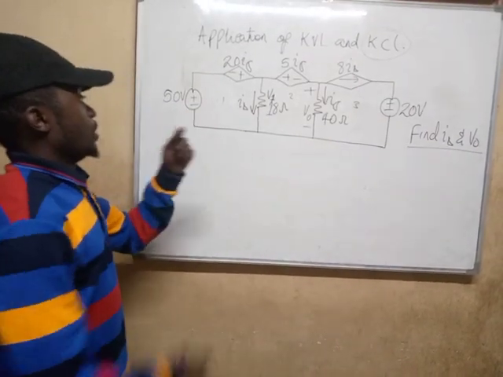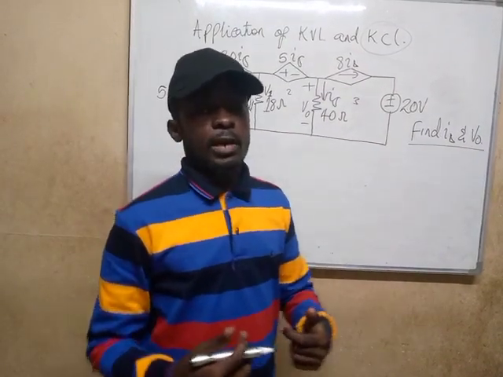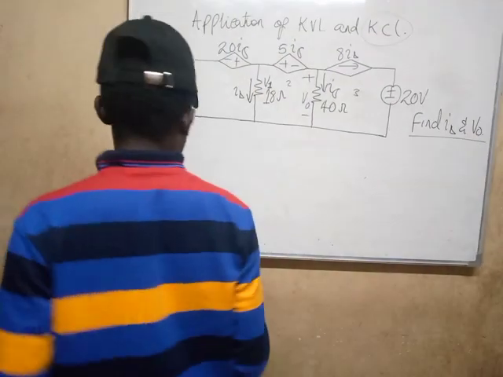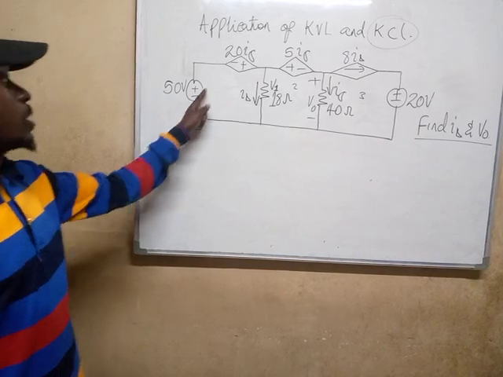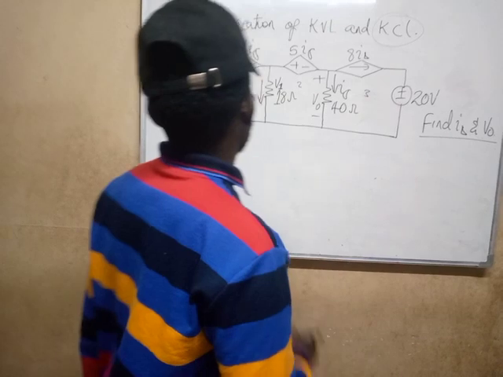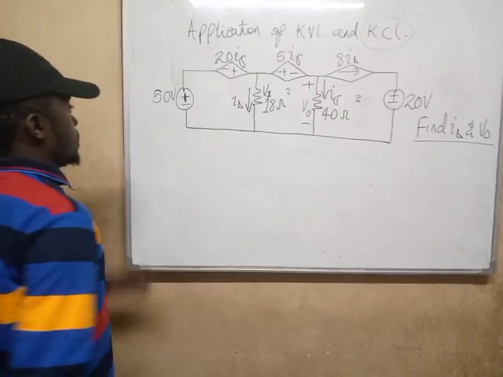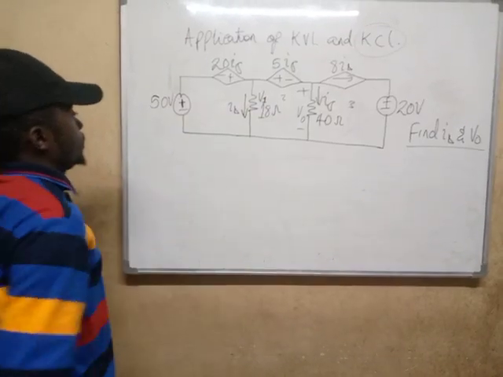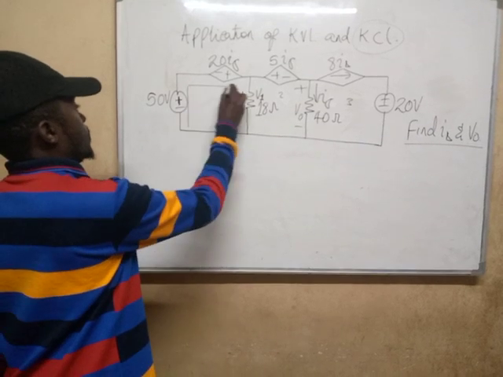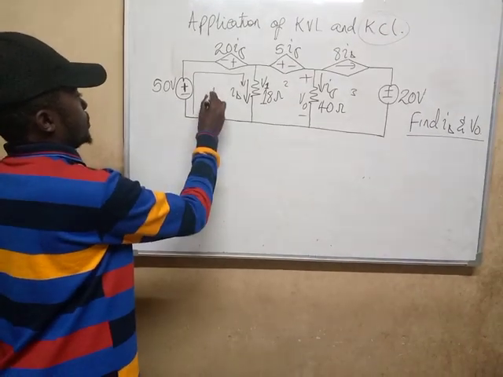I will first start with Kirchhoff's voltage law. With Kirchhoff's voltage law, we are saying the voltage across the loop must add up to 0. I'm going to start with the 50 volts, which is my battery. I'm considering this path as my L1.